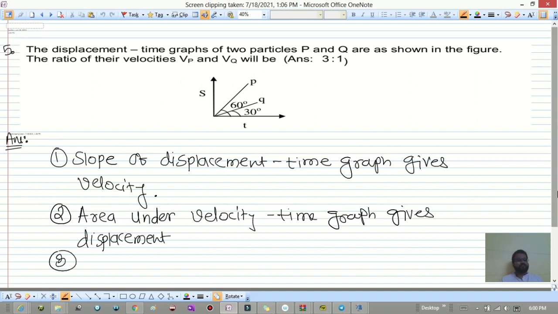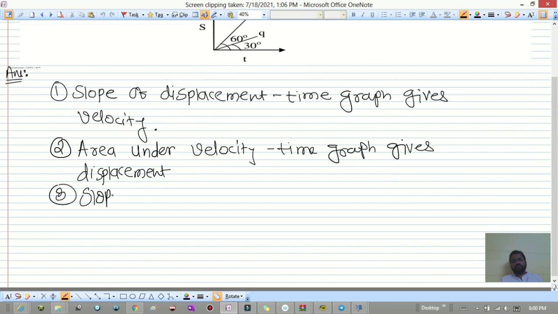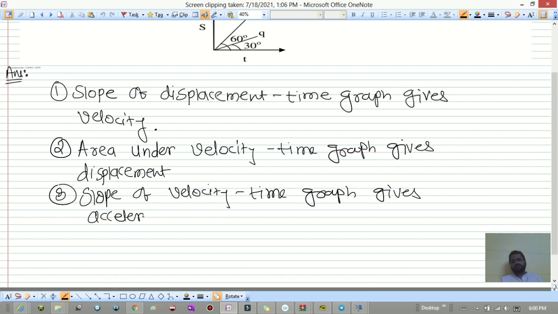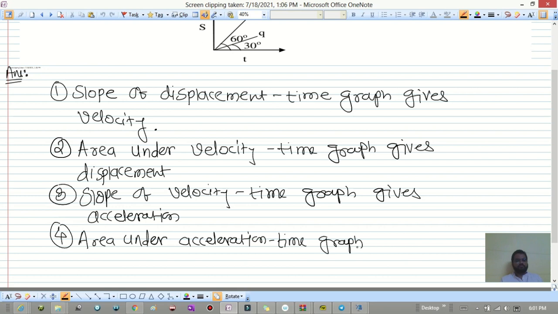Third point, slope of velocity time graph gives acceleration. Fourth point, area under acceleration time graph gives change in velocity.